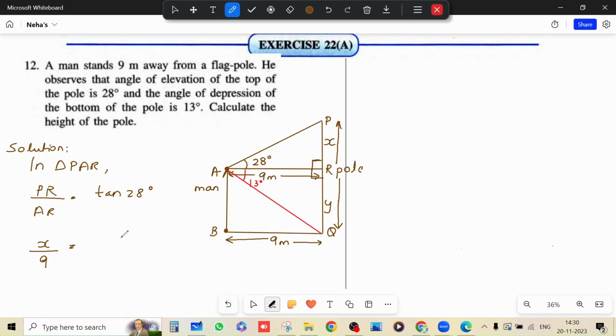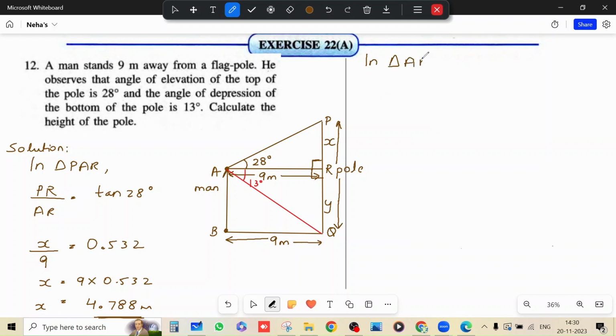Tan 28 degrees value from the trigonometric table of tan is equal to 0.532. So the value of x is equal to 9 into 0.532, which is equal to 4.788 meters.